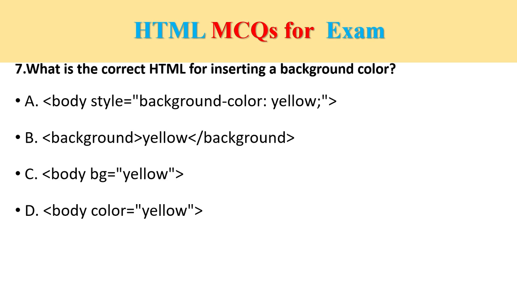To set the background color of our web page, we can write angle bracket body style equals background hyphen color, then colon, and we can write any color as we want. A is the correct answer.